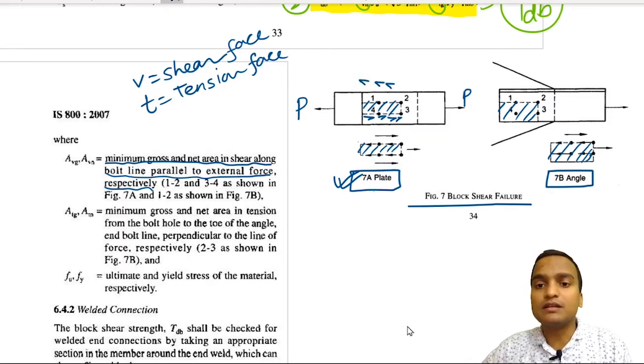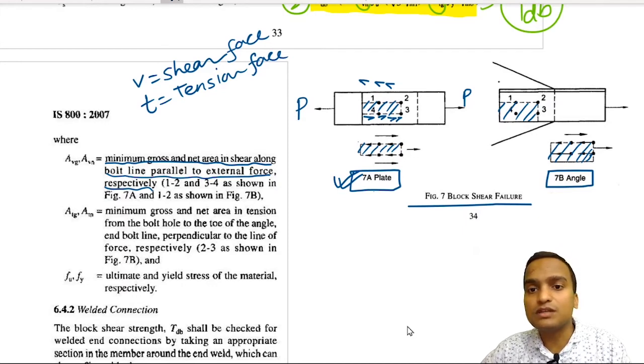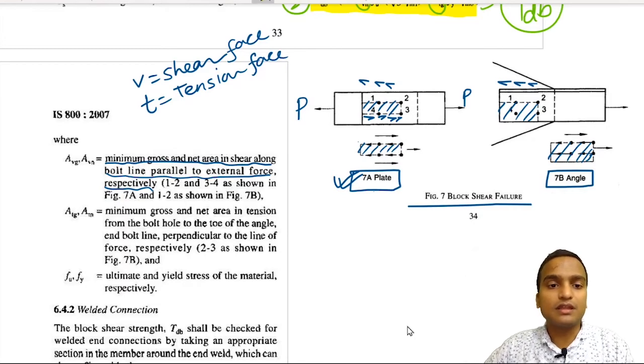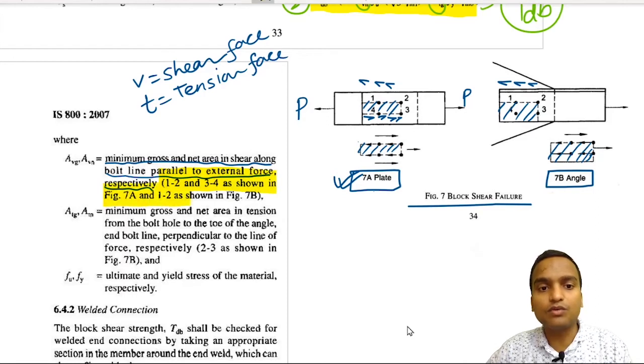Whereas in the case of angles, this 1 2 section is only subjected to shear forces. The direction of shear will be opposite to the external loads, but it will be parallel to the external force. The same thing is written here: 1 2 and 3 4 as shown in figure 7a, and 1 2 as shown in figure 7b. So these faces are being sheared out in the block shear failure.